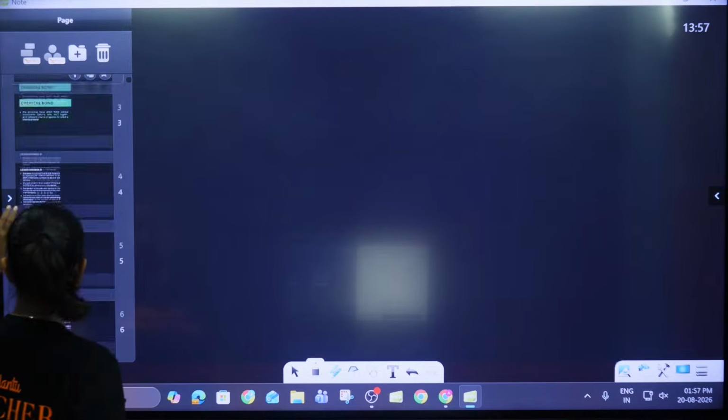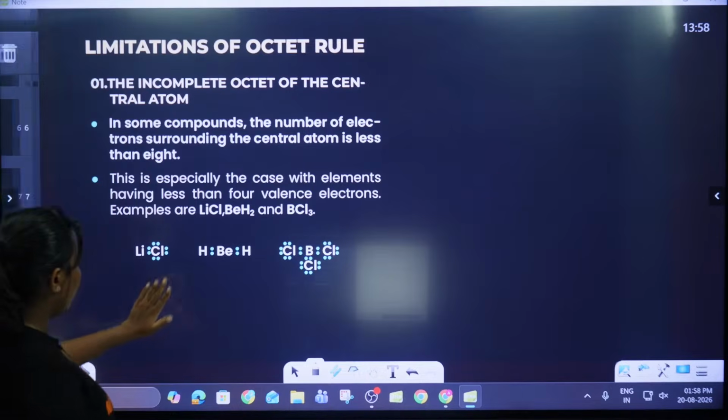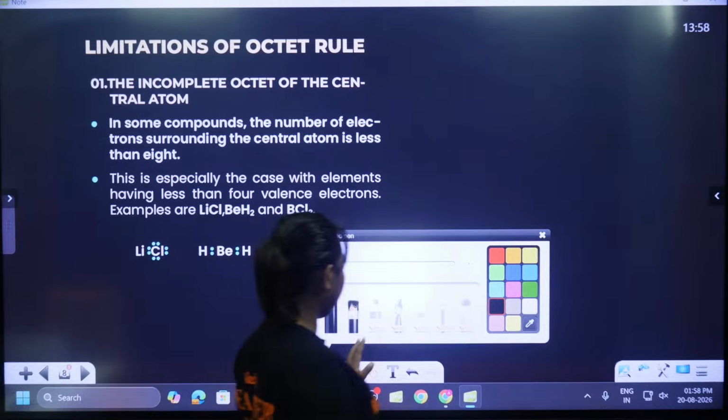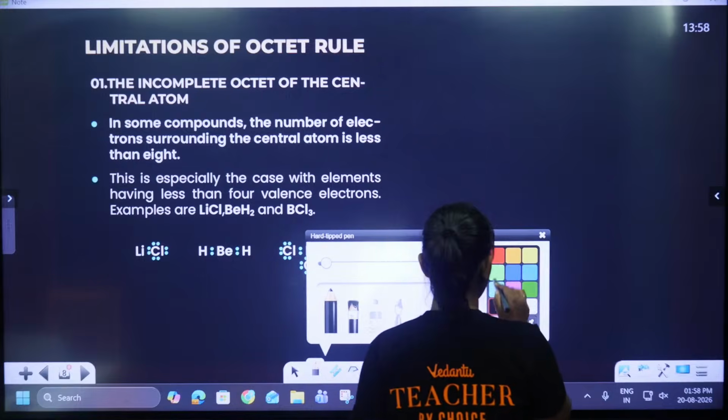So we already finished part 1, so we are moving to part 2: VSEPR Theory. Last time I gave you one question on the limitation of octet rule that we already discussed.